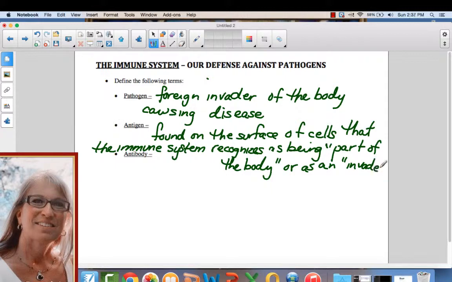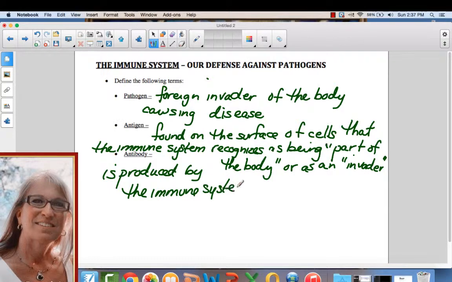So every cell has antigens on it, and the body either recognizes it as being supposed to be there as part of the body or an invader. An antibody is produced by the immune system, and either attacks an invading pathogen or marks them for killing.